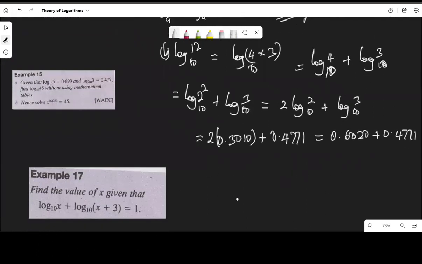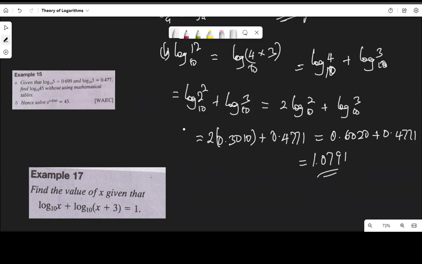We add these two up together. Use a calculator to make it faster. 0.6020 plus 0.4771 is 1.0791. The answer to that is 1.0791.